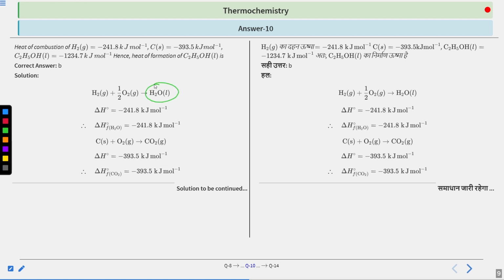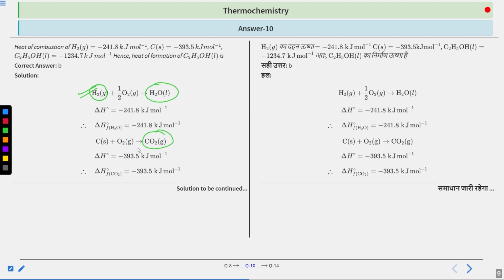The formation of H2O liquid and the formation of CO2 are both given. What I'm trying to say is that this thermochemical equation gives us two things: first, the combustion of hydrogen, and second, the standard enthalpy of formation of H2O, because we are forming H2O from its elements in the standard state. The same goes for CO2.